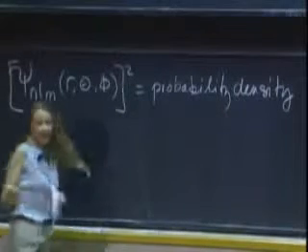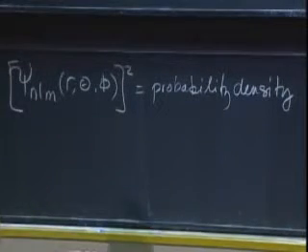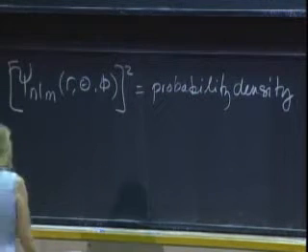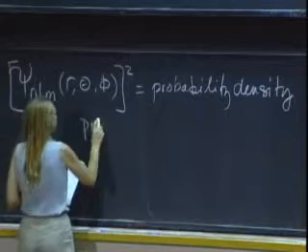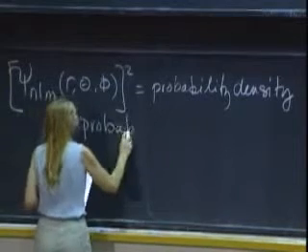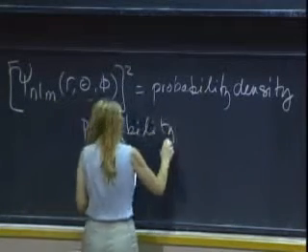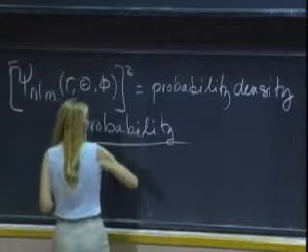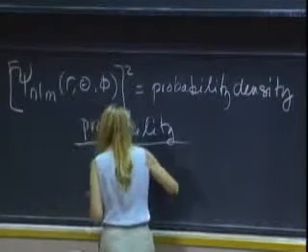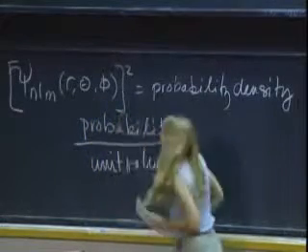Probability density is not a probability. It's a density. Density is always per unit volume. So probability density is a probability per unit volume. Right?